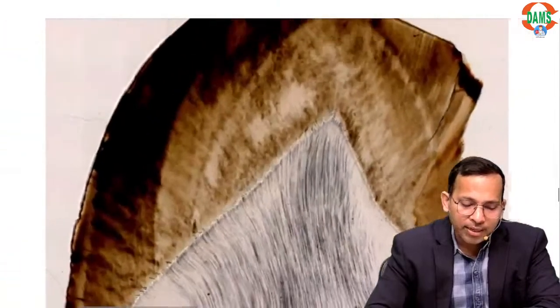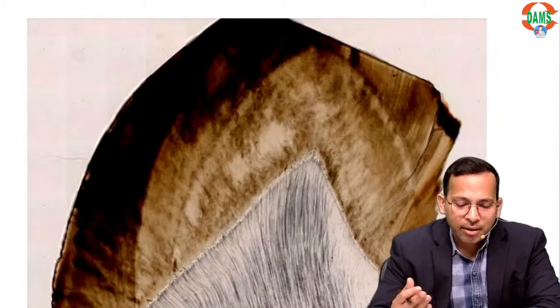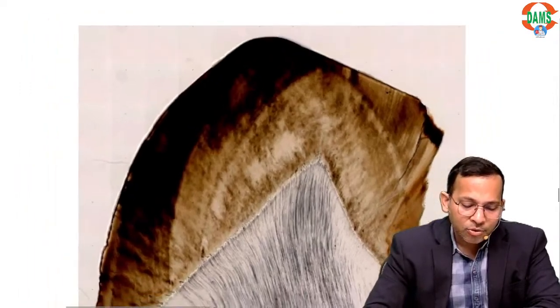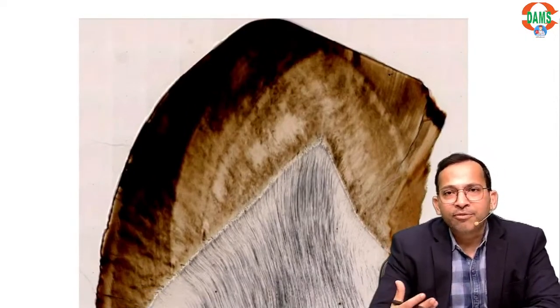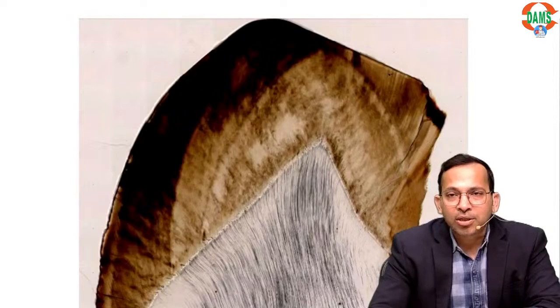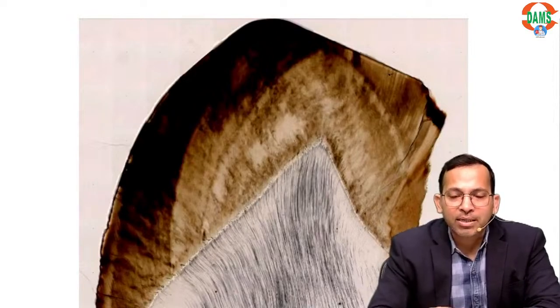So let's go to the next diagram. By the time you answer my question, let me show you this next histologic slide, right? Previously we had two slides where I showed you the cross section of the enamel and dentine, isn't it? That was the cross section, and you could see the circular striae of ridges which were arranged concentrically.